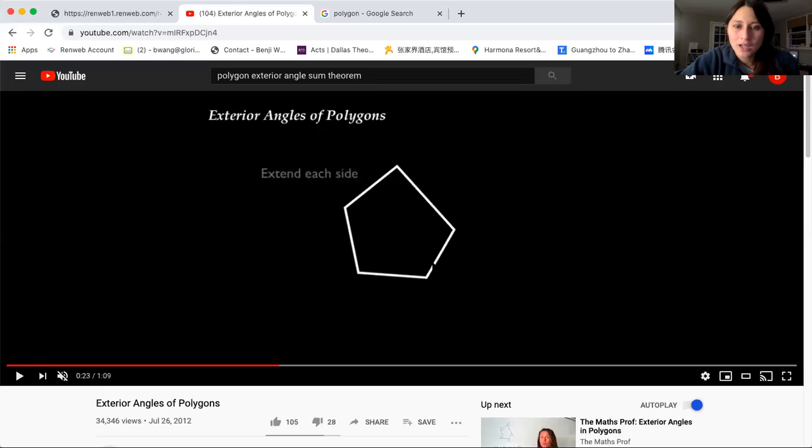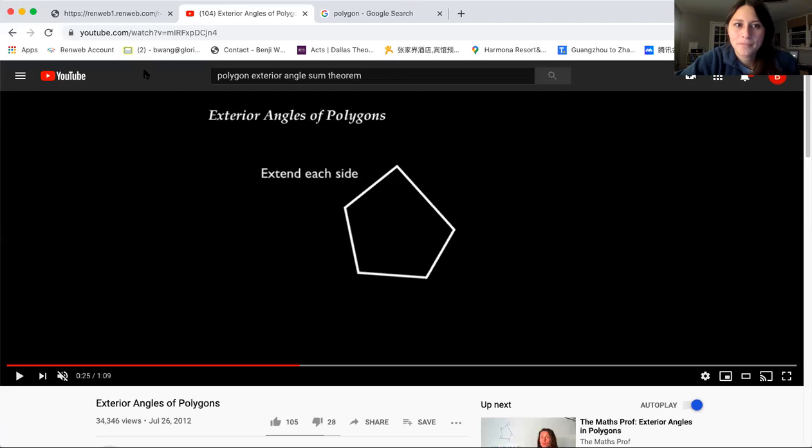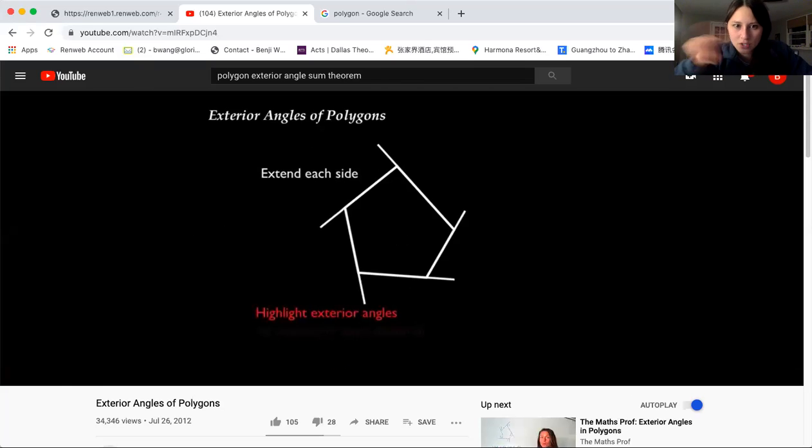So we're going to just pick out a polygon here, and basically they're showing you a picture of the polygon and how you're extending the sides to find the exterior angle, and then what you notice about that. So we're extending the sides and they're all going the same direction. Now they're highlighting all the exterior angles. So those little red pieces are the degrees of the exterior angles.